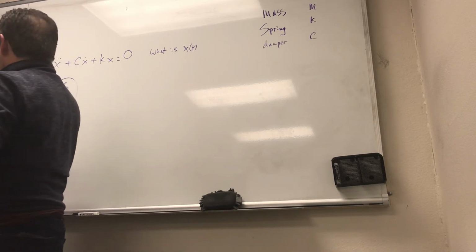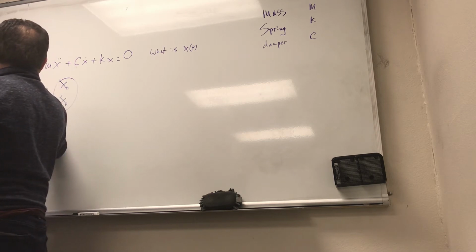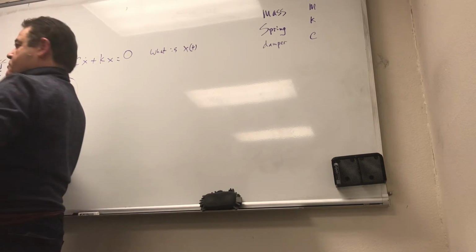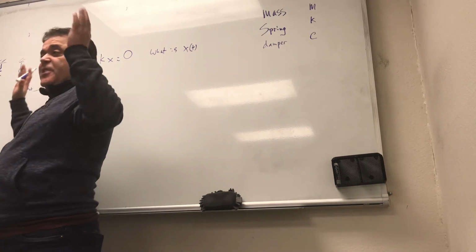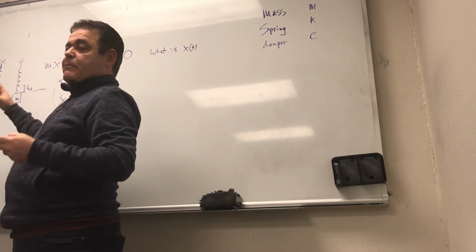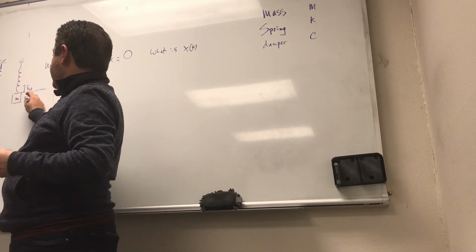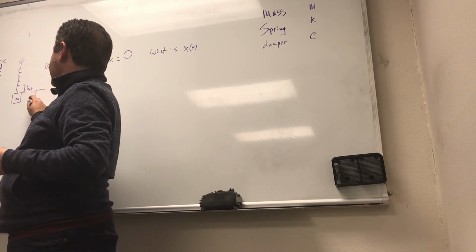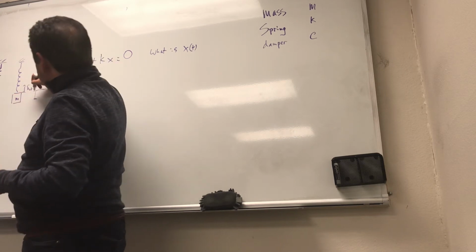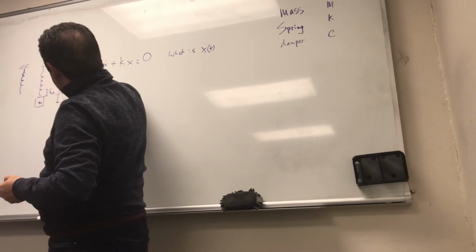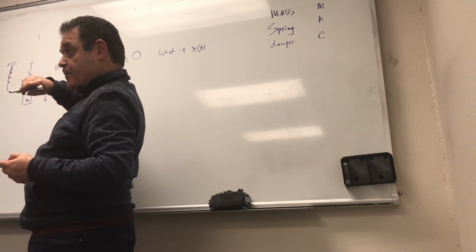Now this becomes my new equilibrium position. So if I don't do anything to the mass, it's always going to stay there, right? But the moment I pull the mass a distance x to here, or a distance a, then it's going to be vibrating about that, up and down.